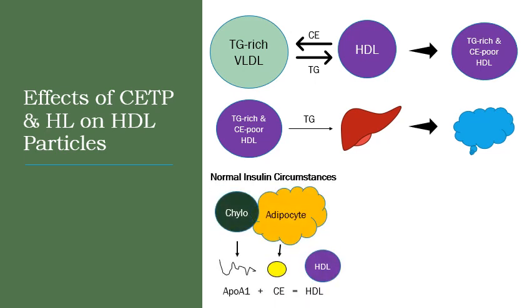In a normal insulin state, the chylomicrons produced in the intestines carry with it the apolipoprotein called ApoA1. This is the apolipoprotein that is found on the HDLs. This is one way an HDL starts.